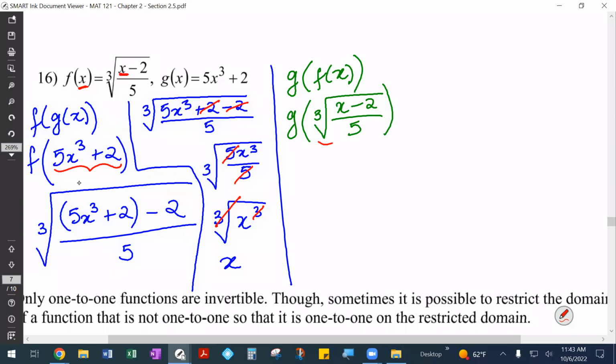Now this whole thing is going to replace the x in the g function. So this guy will come out to be, let's see, my g function is 5x to the third power, and then plus 2 on the outside. And then replace your x with the f function, so that's the cube root inside x minus 2 divided by 5.